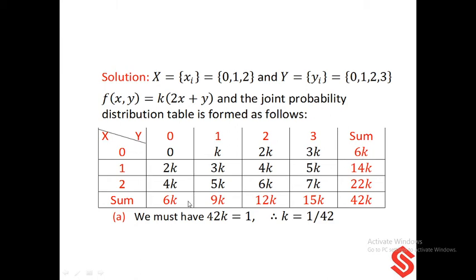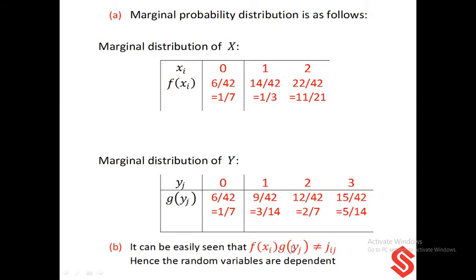F of x1 into g of y1 is not equal to g11. Similarly, f of x1 into g of y2 is not equal to g12 and so on. So in general, f of xi into g of yj is not equal to gij. So hence the random variables are dependent.